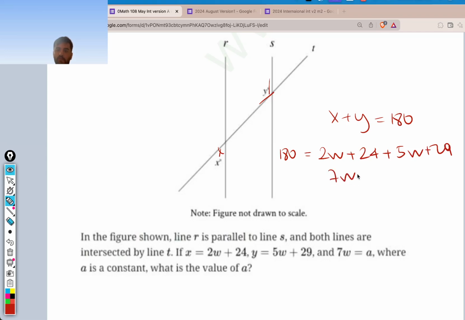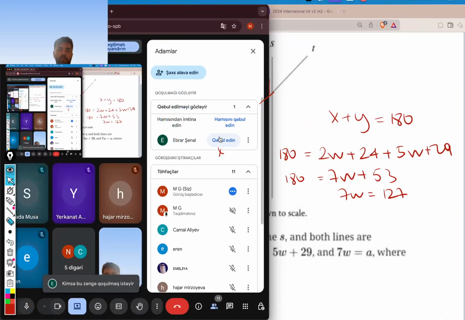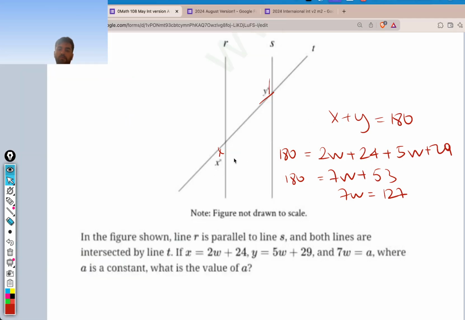Then 7w plus 53 is equal to 180. And 7w is equal to 127, and the answer will be 127.